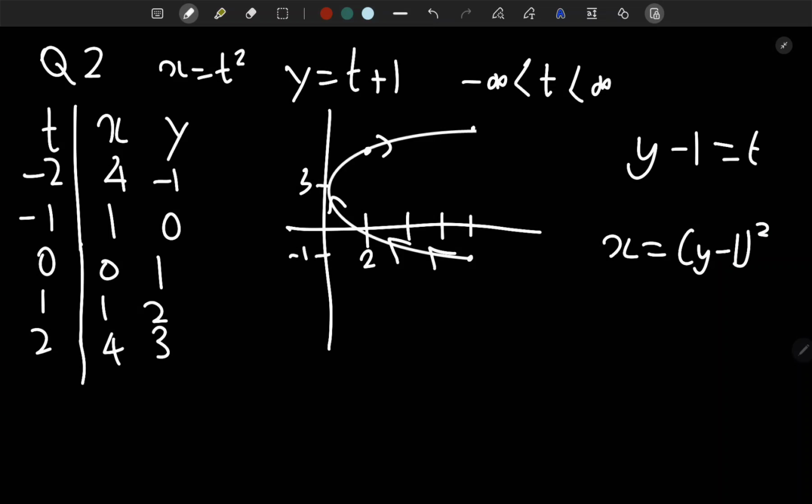Now another thing you might be thinking is, what if I square root x over here and just substitute t here? So what I mean by that is radical x is equal to t, and if we go back to this equation, y is equal to t, which is going to be radical x plus 1. Now one thing to always keep in mind is when you are taking the square root, that x could be positive or negative.